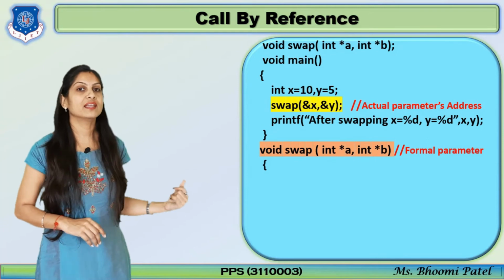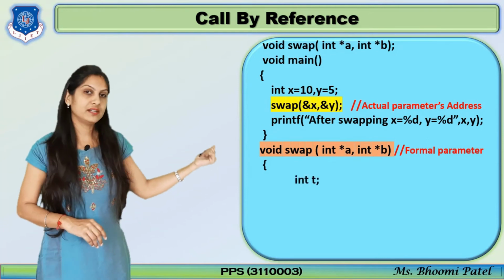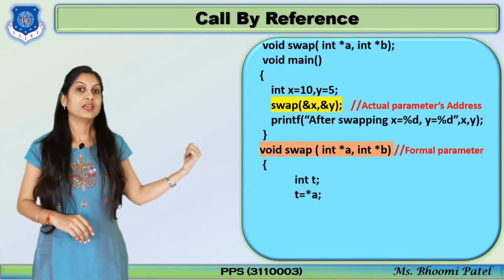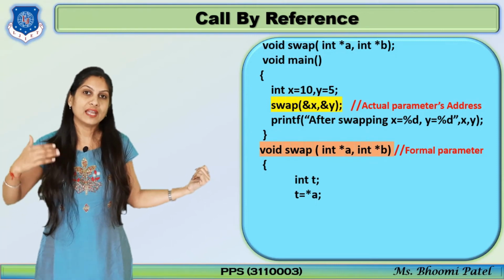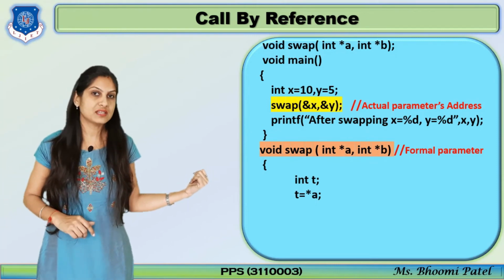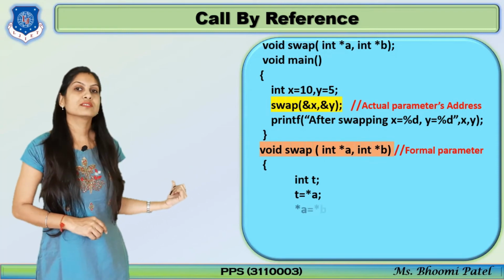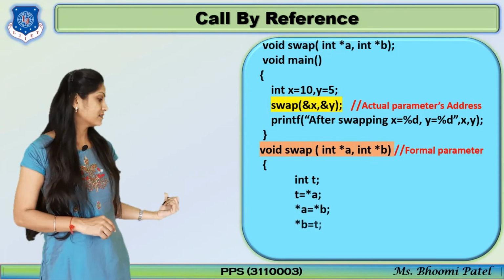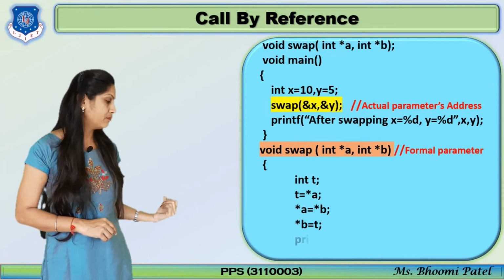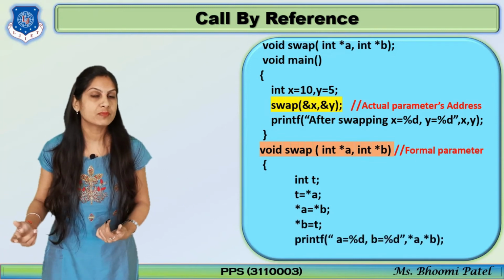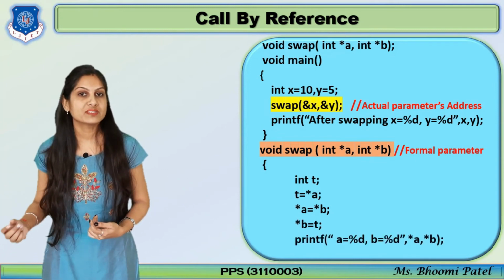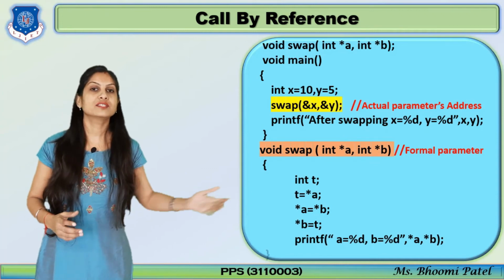After that we write the same logic: int t equals a. Here, no, now at every place we have to write star a, because it is the value at the address. Then star a equals star b and star b equals t, and then print a equals %d, b equals %d with star a, star b.